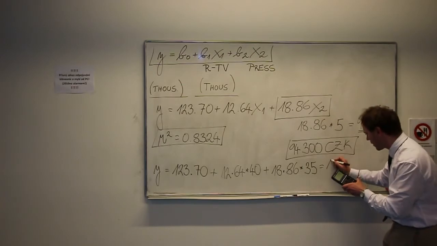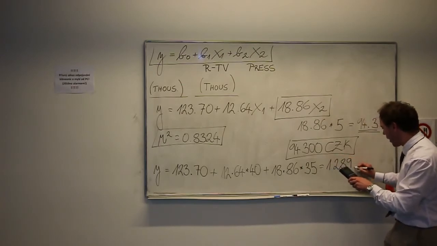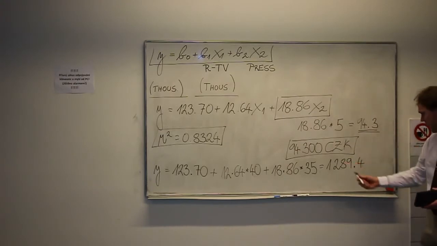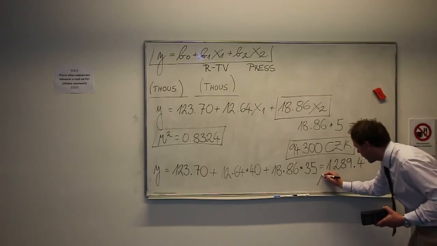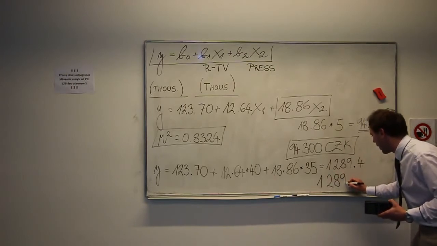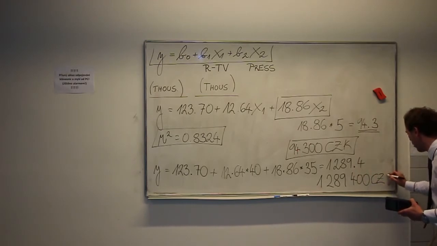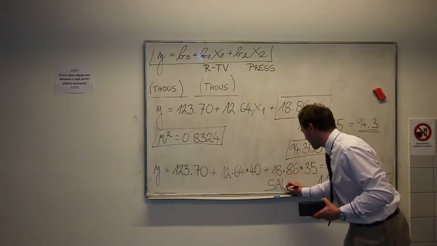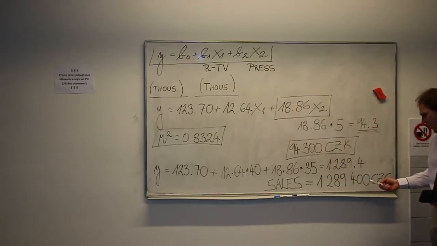So the result is 1,289.4, but we know that this is in thousands, so the final interpretation will be 1,289,400 Czech crowns. So the sales are equal to this value.